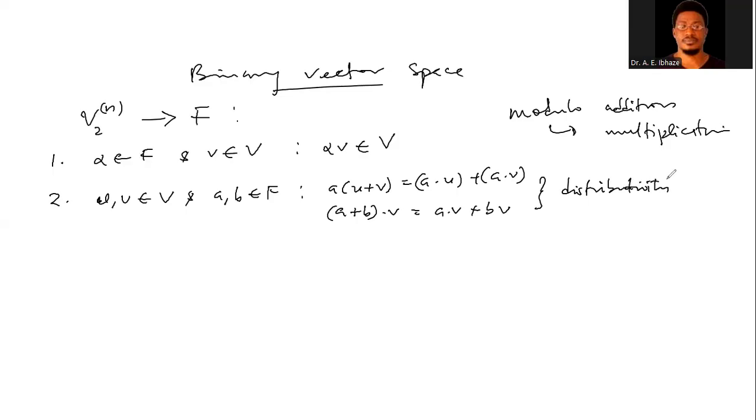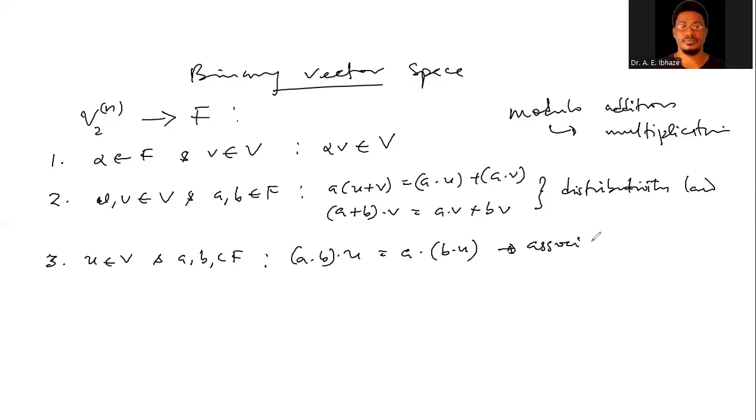And the third condition that must be satisfied is that if U is an element of V, and also A, B are all elements of the finite field, then (A times B) times U will be the same as A times (B times U), satisfies the associativity law.